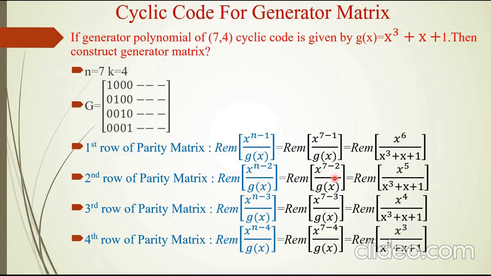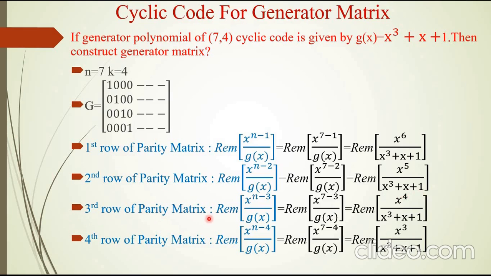So x to the power 7 minus 2 will be x to the power 5, and g(x) is x cube plus x plus 1. So it will be remainder of x to the power 5 divided by x cube plus x plus 1.